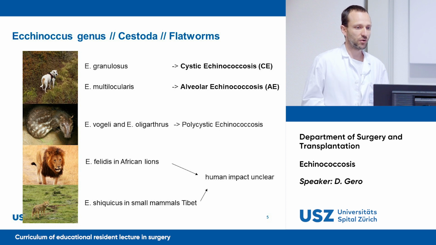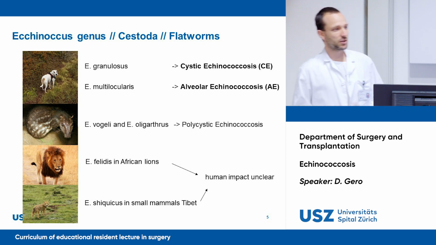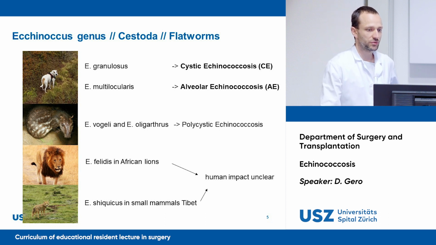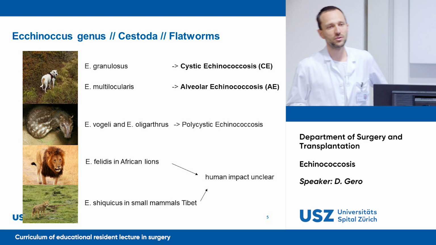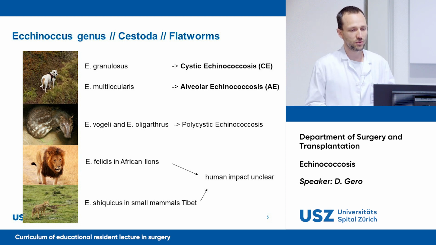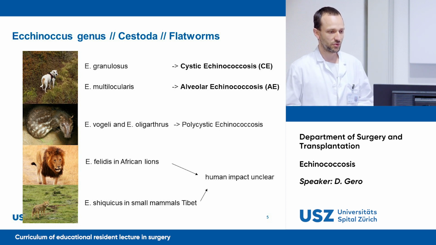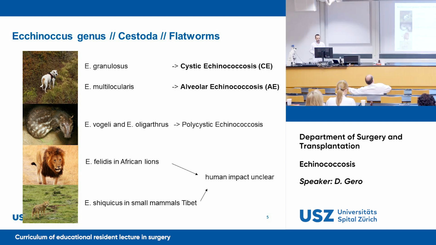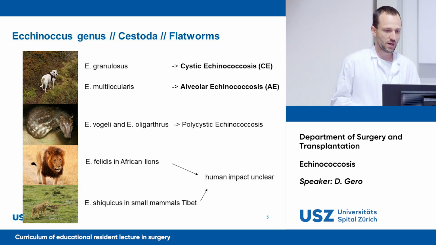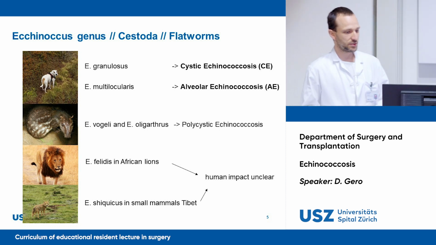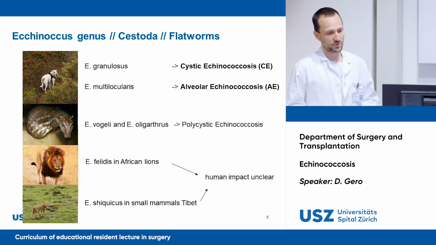Echinococcus genus belongs to the class of Cestoda, which are commonly called flatworms. Two most important pathogens are the Echinococcus granulosus, which leads to cystic echinococcosis, and the Echinococcus multilocularis, which leads to alveolar echinococcosis. More recently, newer Echinococcus species have been described, such as Echinococcus vogeli and oligarthrus, which can be responsible for polycystic echinococcosis, or Echinococcus felidis and shiquicus, which haven't yet been related to a human pathology.